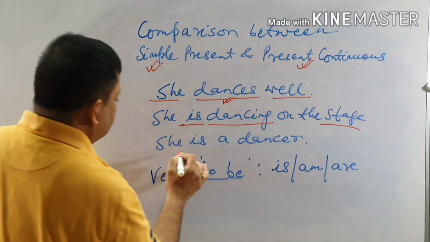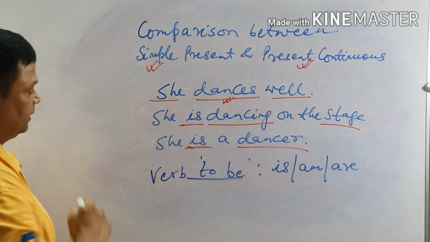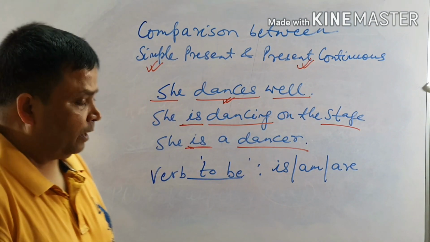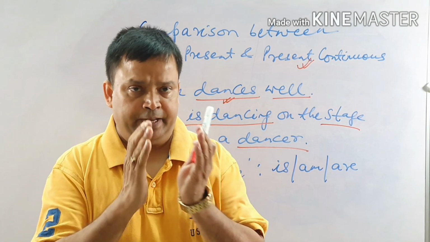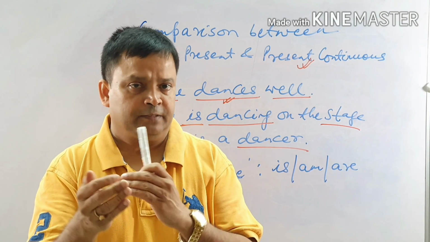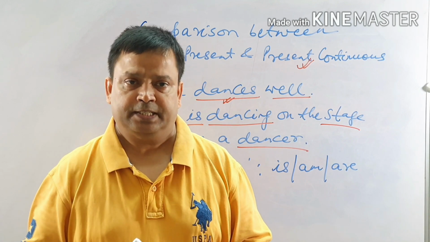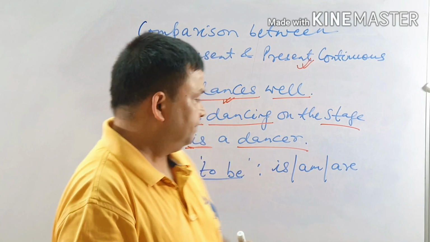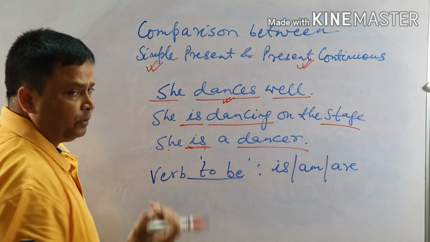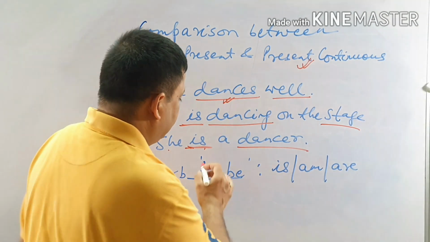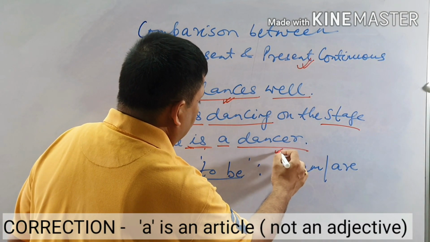Now, she is a dancer. Look at this sentence. Earlier, whenever you used is, am or are, then we had to use V1, the first form of the verb, plus ing, and it becomes present continuous tense. But in this case, she is the subject, is, for the time being, we consider to be a helping verb, a is an adjective or determiner, and dancer is a noun.